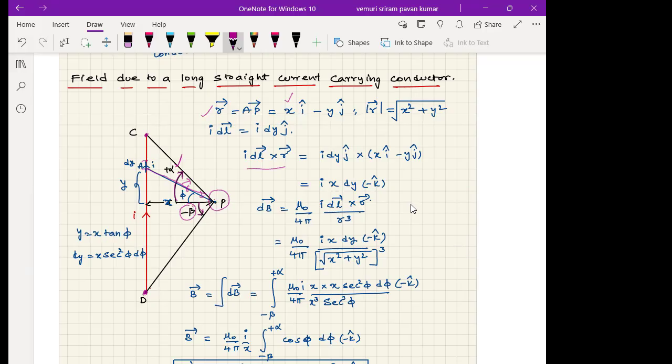So what will happen thereafter is you will have this particular relation. j cap cross i cap gives minus k cap. So you get I x dy times minus k cap. So what is this relation called? Biot and Savart's law.